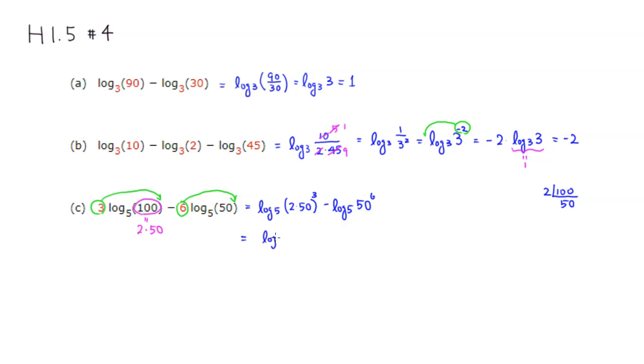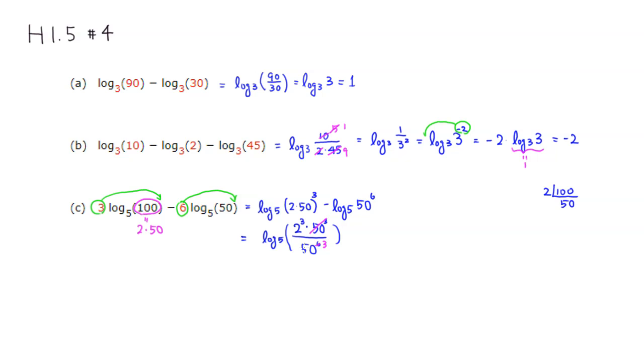So log to the base 5 of, I'm going to distribute the power, so 2 cubed times 50 cubed over 50 to the 6th power, right? So we can cancel. 50 to the 3rd power, and you have 6 of those on the bottom, so we can reduce it to 50 to the 3rd power.